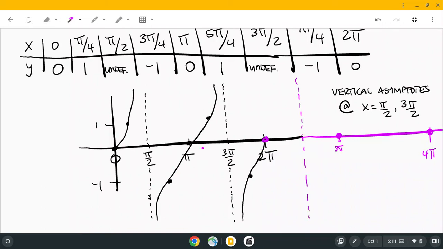And halfway in between here, I also have a vertical asymptote. And all 3 pieces will repeat here.